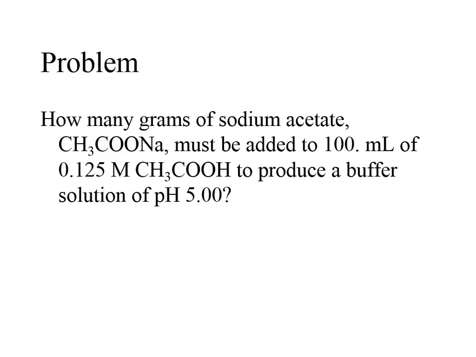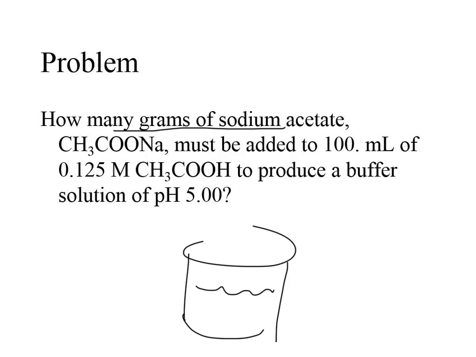All right, if I was going to draw a little picture, here's my vat or my beaker. It says how many grams of sodium acetate, so I'm going to dump in CH3COONa. That's sodium acetate. The thing of interest here is CH3COO-, the acetate ion, which is the conjugate base of a weak acid.